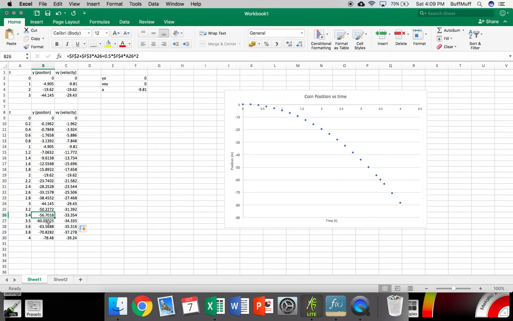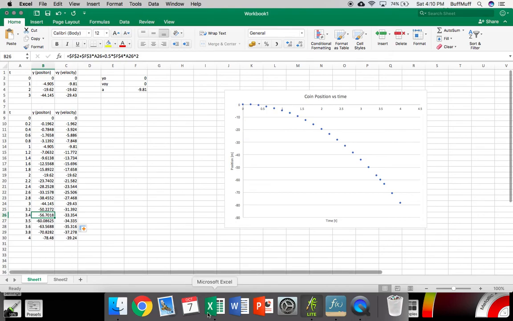At 3.5 seconds, we have traveled 60 meters, which is more than the height of the tower. Right? So we can say that the time it takes for the ball to travel from my hand to the ground if I drop it from the Eiffel Tower should be around 3.40 something seconds.